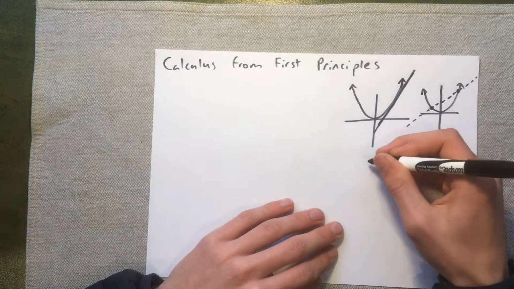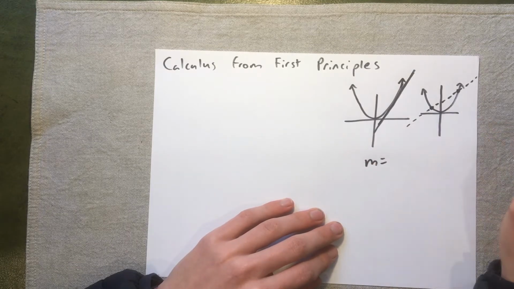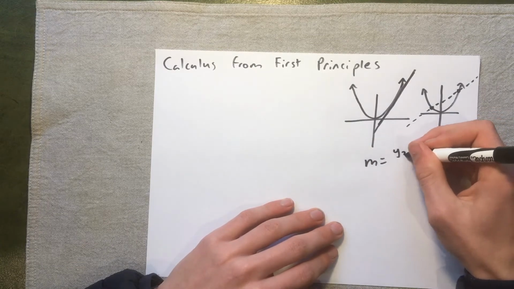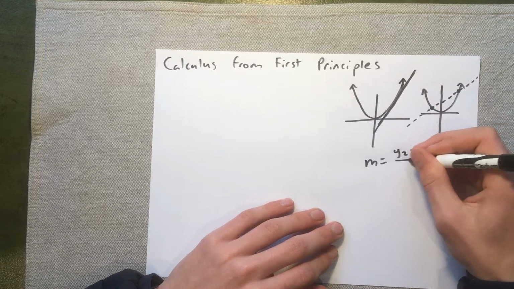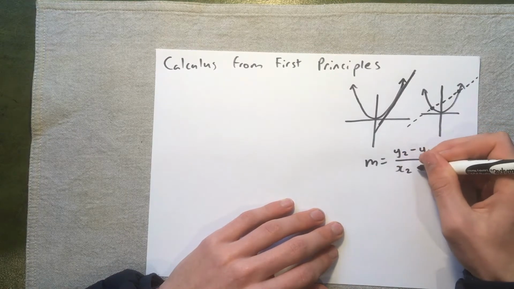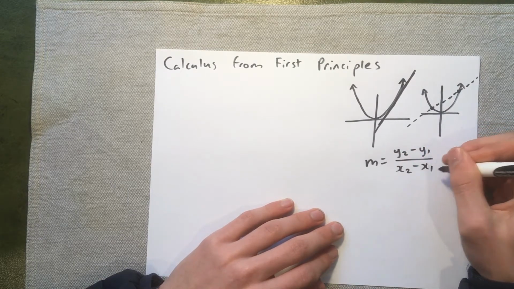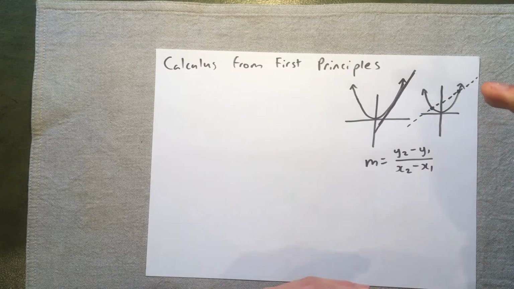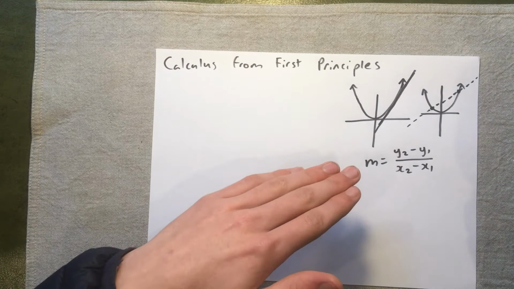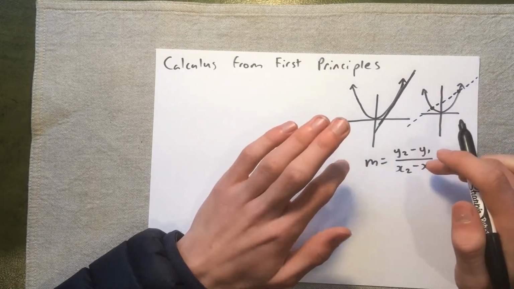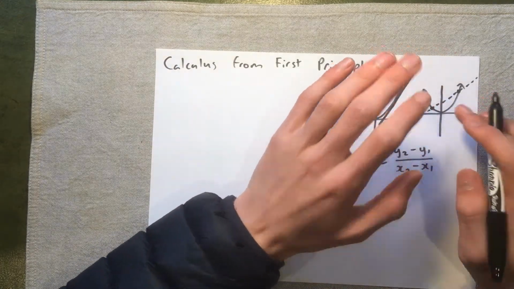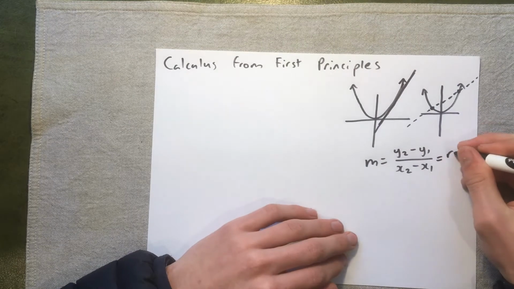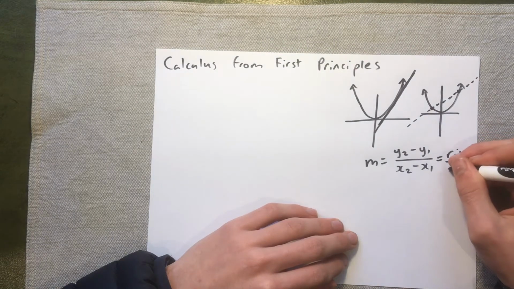And we know from linear algebra that the gradient is just going to be y2 minus y1 divided by x2 minus x1. If we have our y1 point here and our y2 point here, we find the difference between them. That's our rise, and then we divide that by the difference between the two x coordinates. That's our run. So we're just going to get rise divided by run.